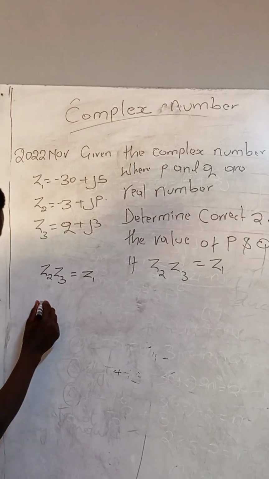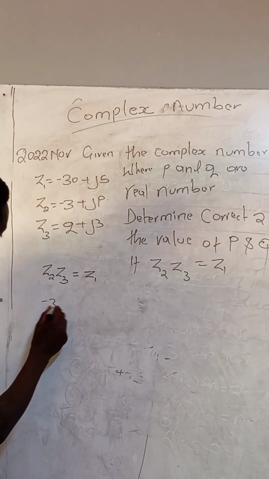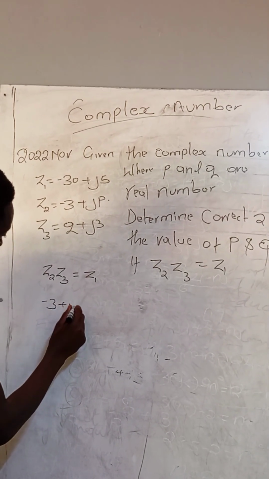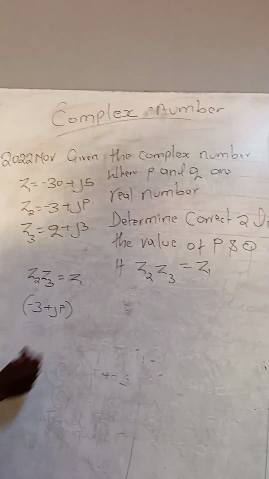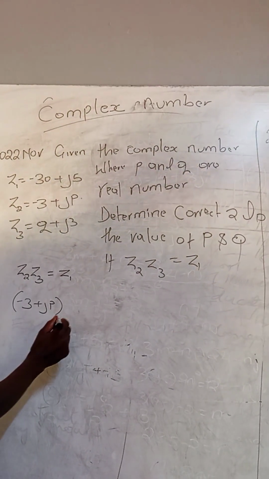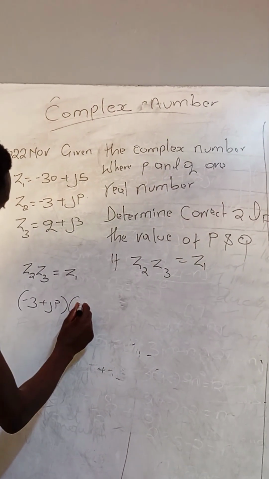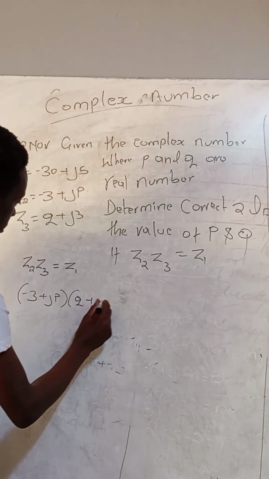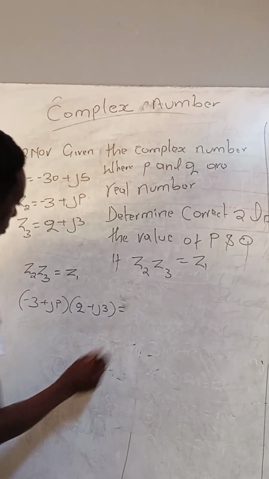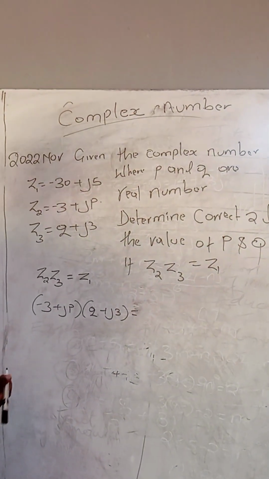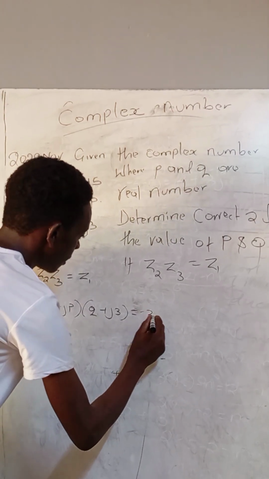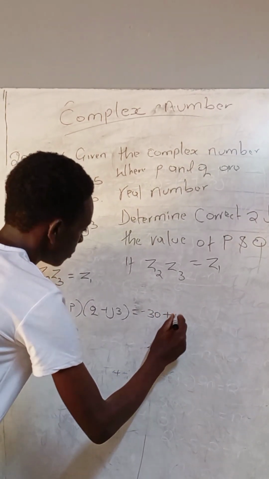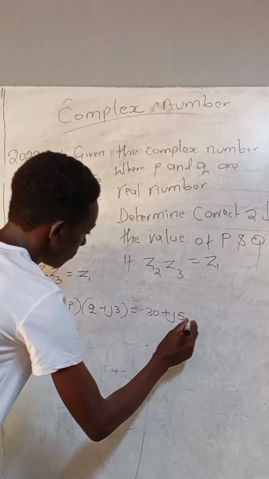So we will substitute. We have the value of z2, which is negative 3 plus jp, then z3, we have q plus j3, is equal to the value of z1, which is negative 30 plus j5.